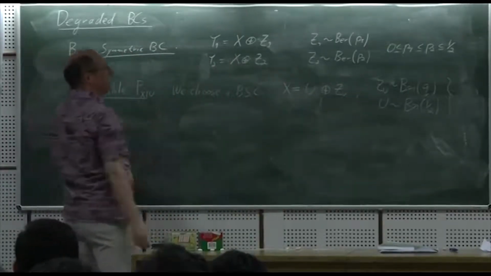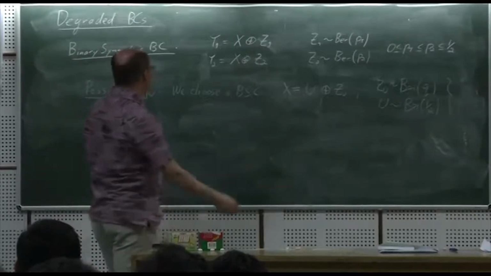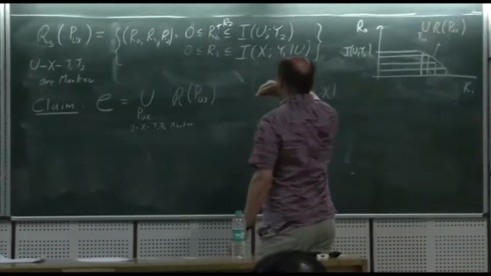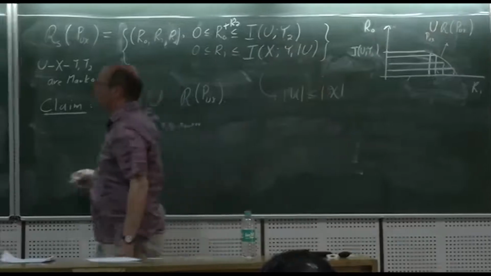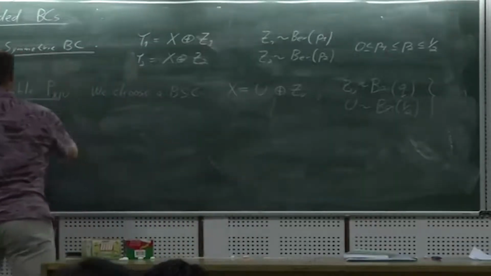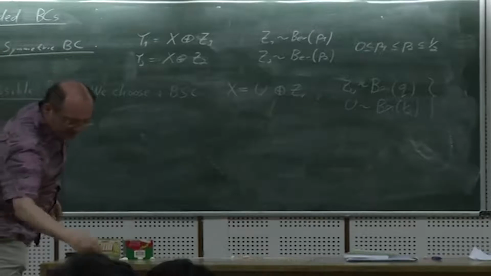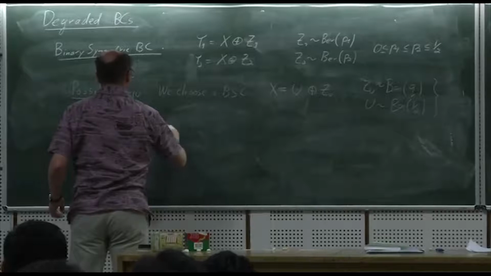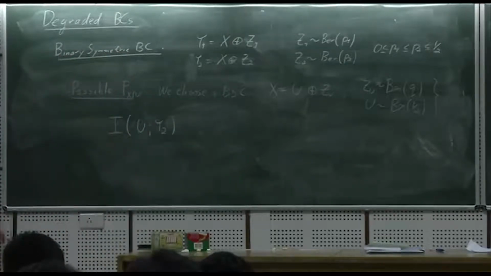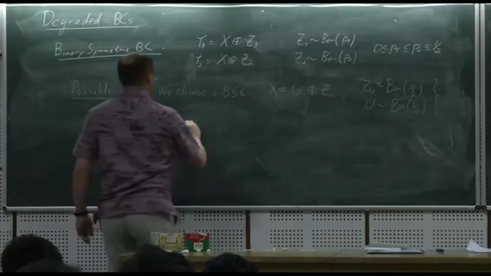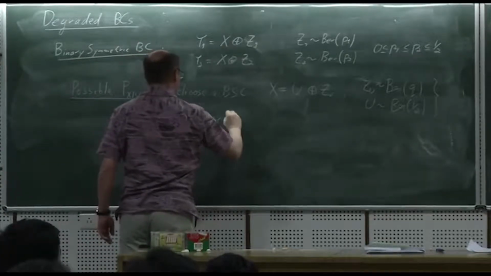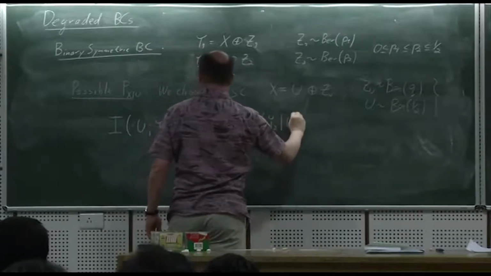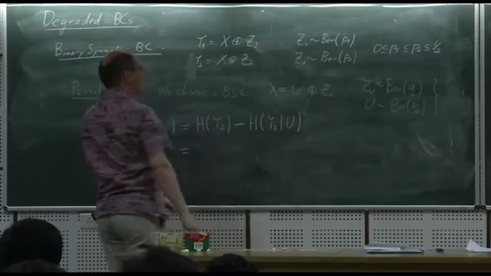So let's now compute these mutual informations. We can start with this one, I of U, Y2. Let's check what that is. Well, that's H of Y2 minus H of Y2 given U. And what is Y2?